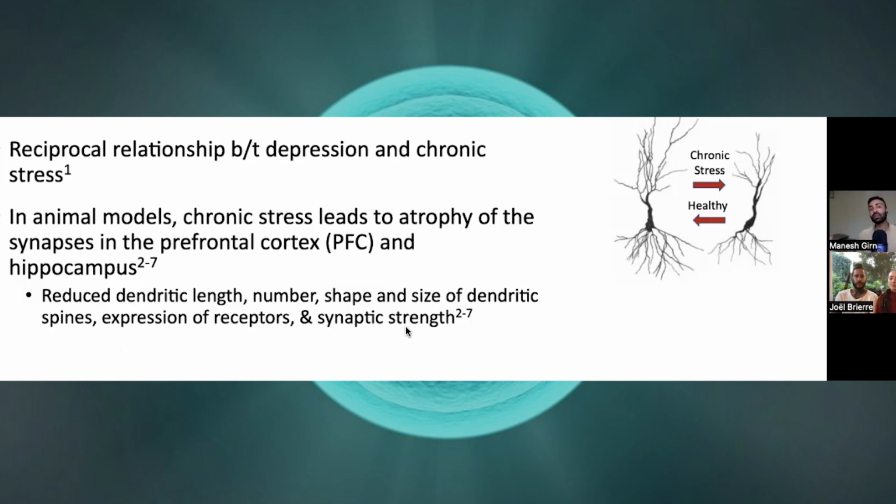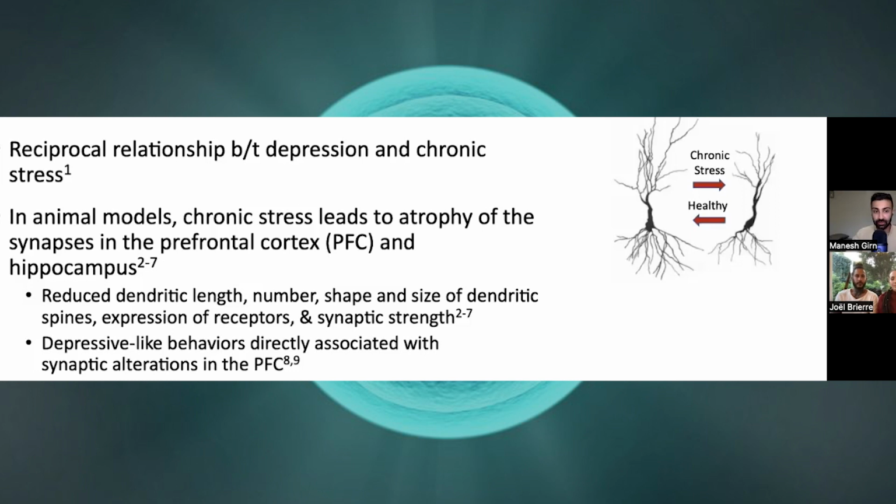So overall, the efficiency of these neurons to receive and propagate inputs is reduced, and that leads to dysfunction in the ability of those brain regions to do what they should be doing. In this case, the prefrontal cortex and hippocampus, two very important regions. There's plenty of evidence directly correlating these changes to depression in rodents, but a lot of this has been shown to translate as well.